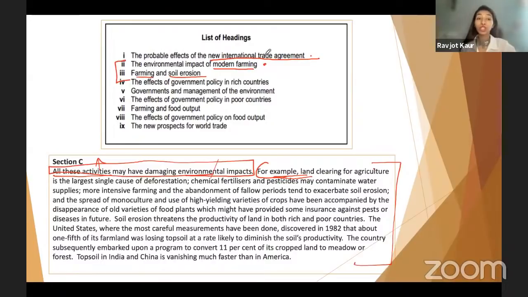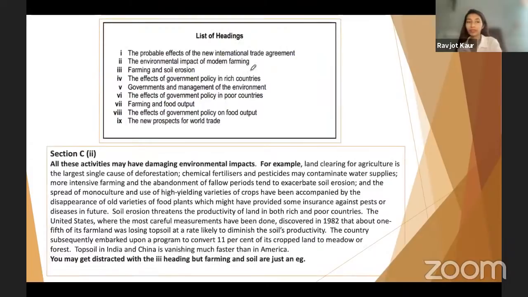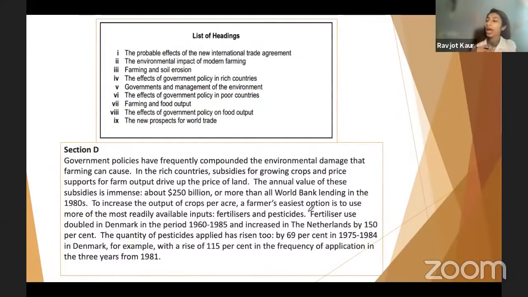Farming, sorry, the answer should be second, because it talks about the impact of modern farming. All these activities may have damaging environmental impacts. That's the highlight of the paragraph, and the rest is given as an example. So do not get distracted by this. Soil erosion is mentioned just as an example.